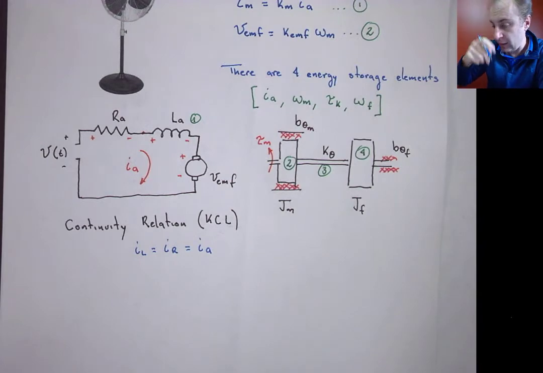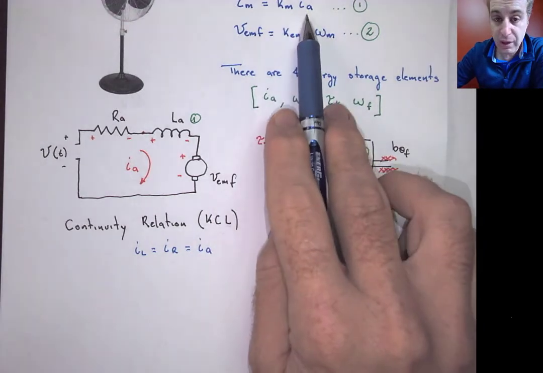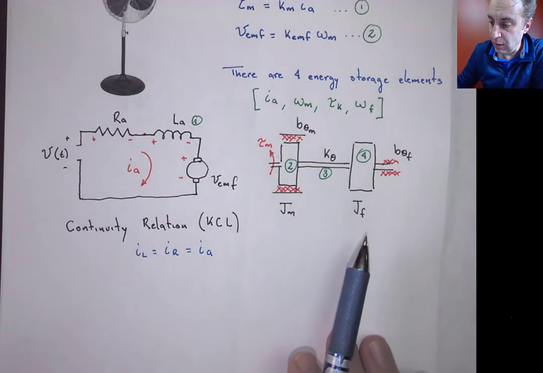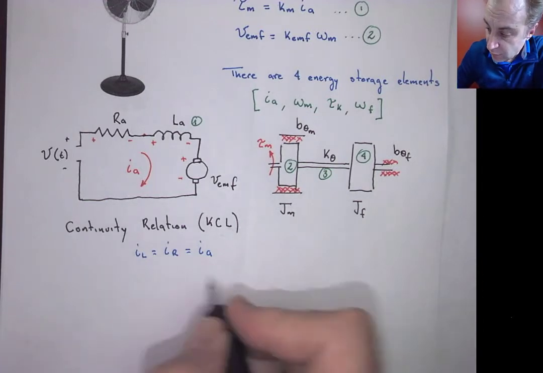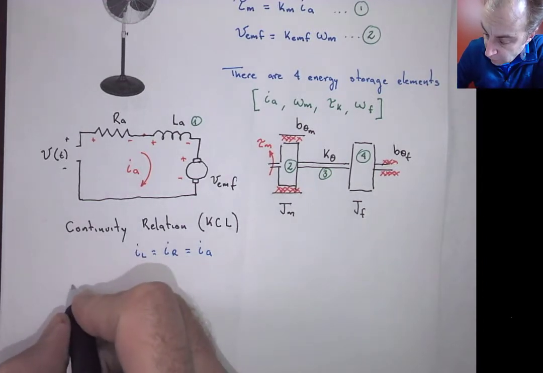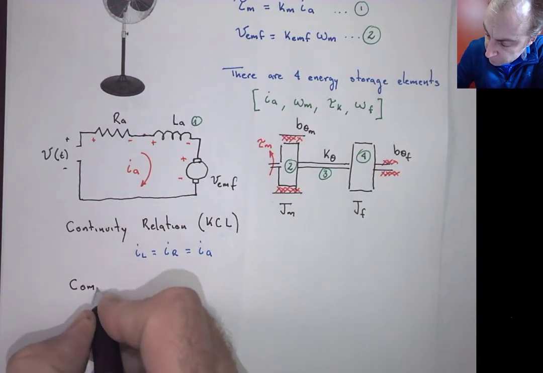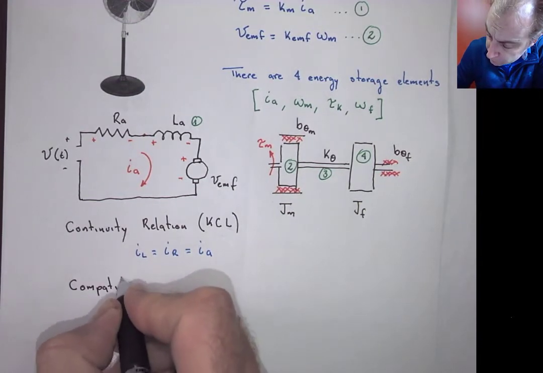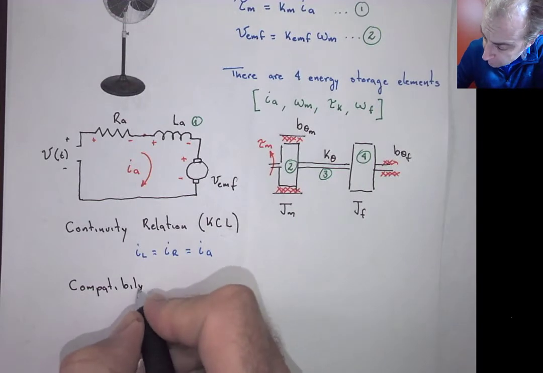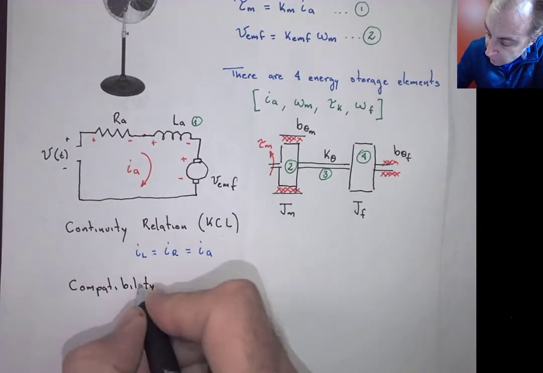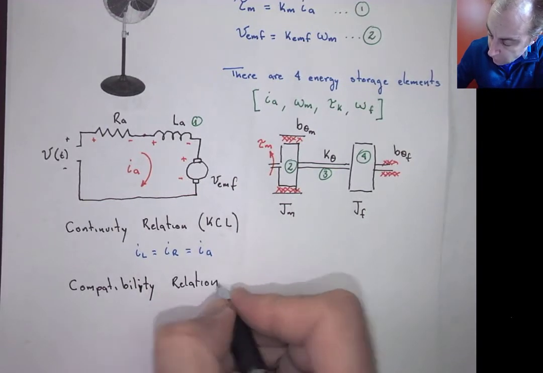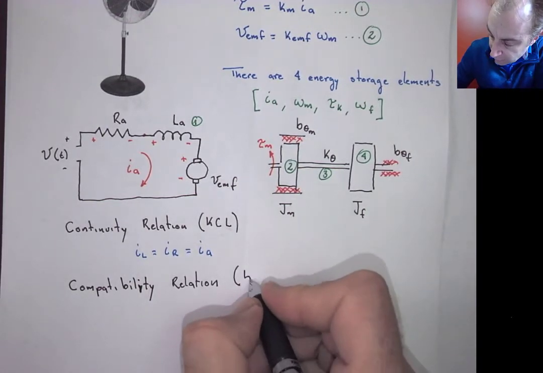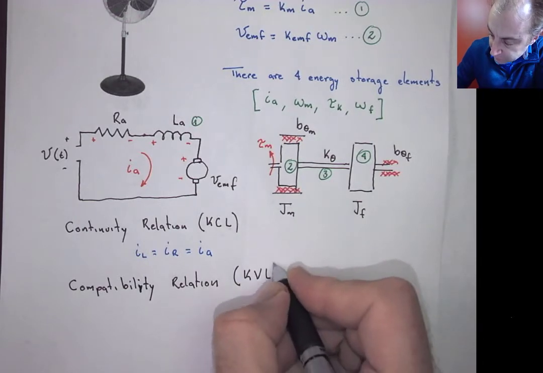And that IA is eventually what we have here as the variable that will allow us to link the mechanical with the electrical system. The other equation is going to be related to the compatibility relation. And that is going to be KVL, Kirchhoff's voltage law.